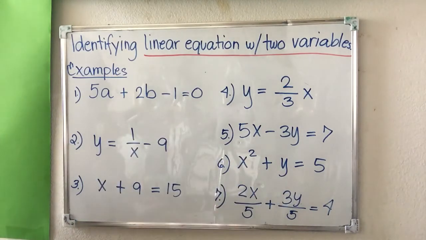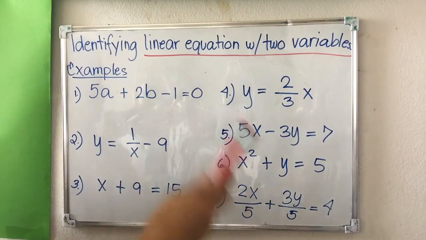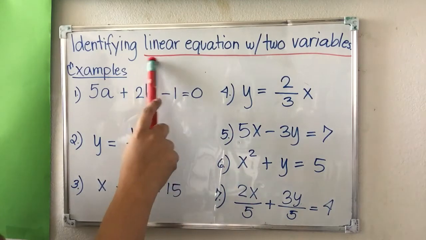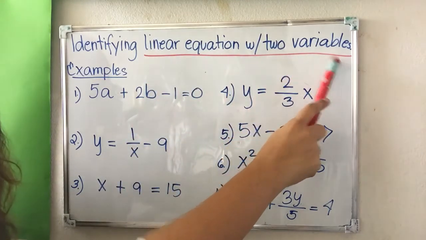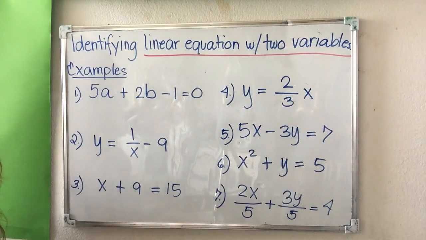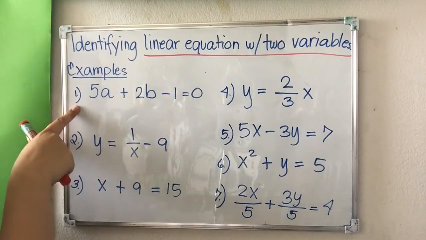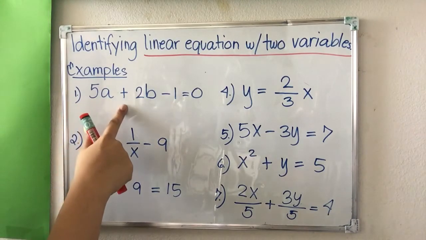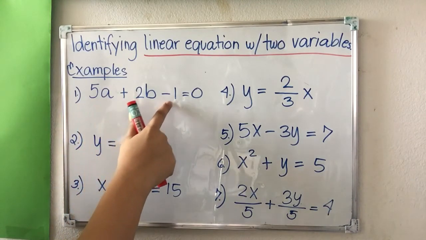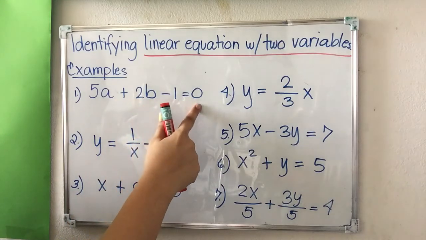I have here examples, and let's try to identify. Example number 1, we have 5a plus 2b minus 1 is equal to 0.